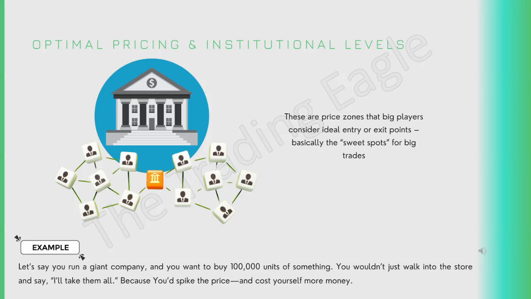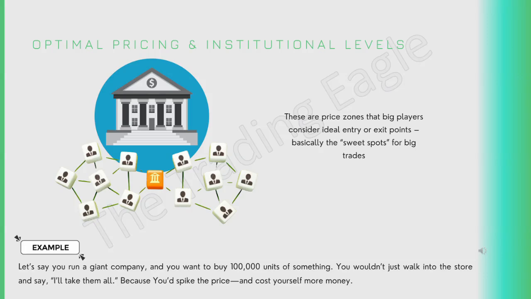Some of those round numbers are where they also place their entries. Instead of entering at one arbitrary number, maybe 1.201 or 1.205, they'll just enter at 1.2. I'm using EUR/USD as an example.